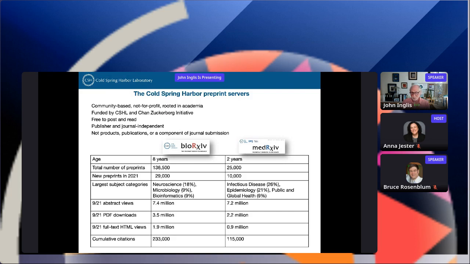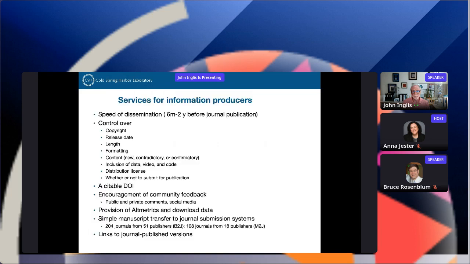It has a smaller number of preprints, but that too is growing. We've posted 10,000 preprints just in this year alone. And medRxiv has been enormously influenced by the pandemic over the last 18 months. And the usage data there are considerable as well.